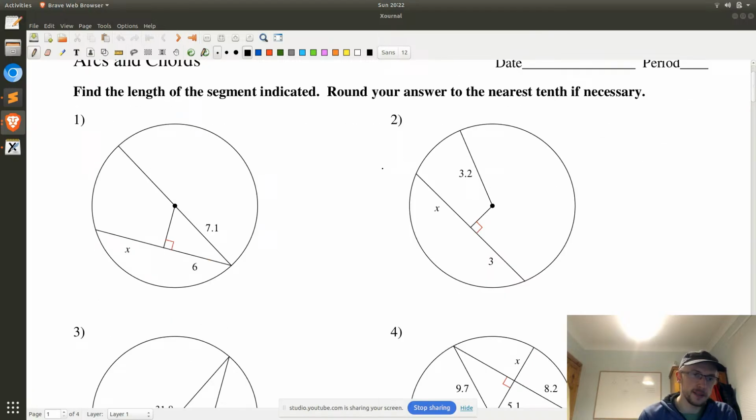But how to do this? Well, if you have a chord, doesn't a radius just simply bisect it? If I remember right. So I think x is 6, but we'll see.